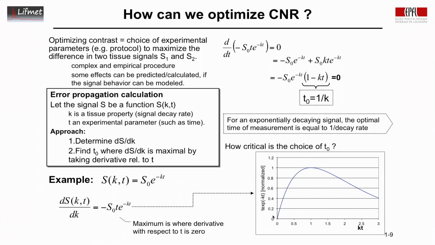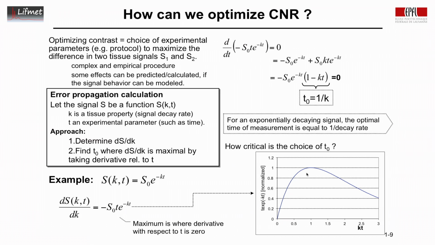We shouldn't be down here, and we shouldn't be up here, but if we are somewhere in this range, the penalty for being away from the optimal contrast to noise ratio is not enormous, and we can certainly live with that. So the choice of the exact measurement variable t is not critical.